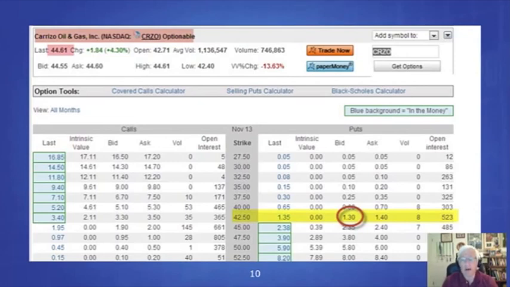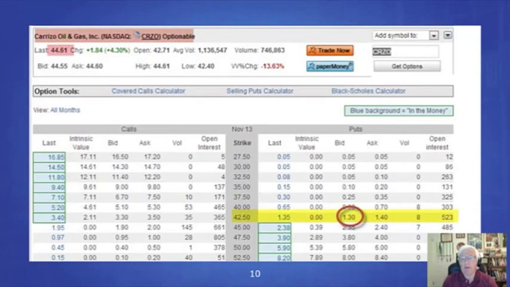So I've highlighted a row in yellow, and that's the 42.50 out of the money put, because it's lower than the current market value, making it out of the money. Now in the middle area of that yellow row, you see a bid and an ask column. The bid column is the price that we will get from selling the puts.